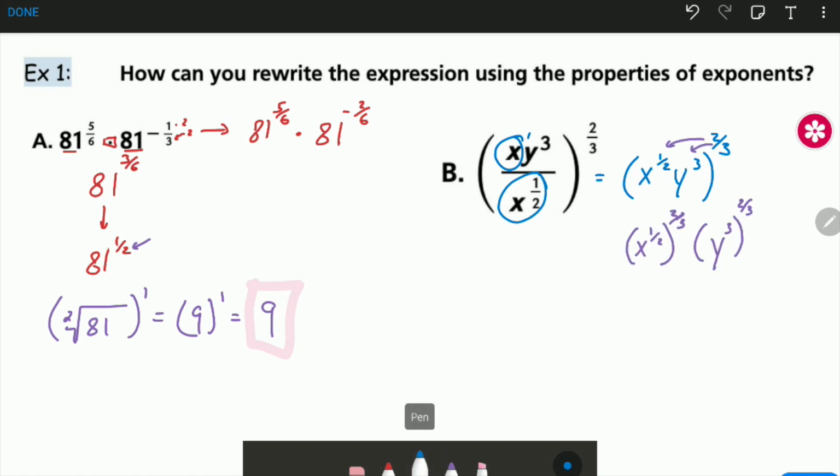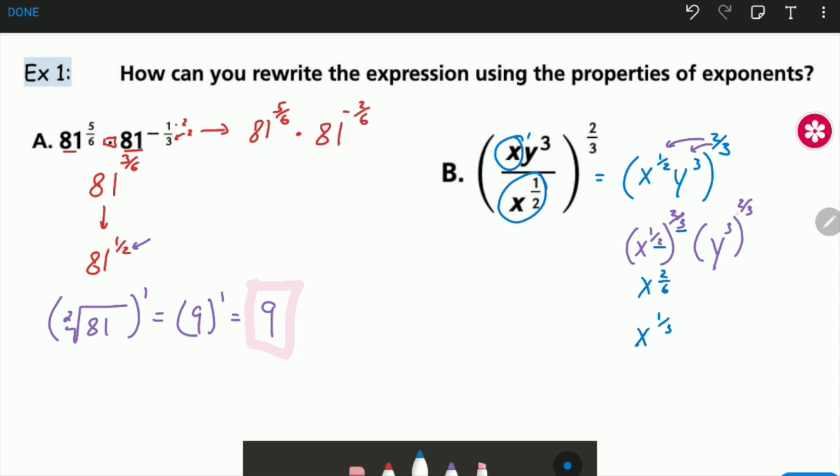And then we have to use the power of a power property, which says that if we have a power raised to a power, we multiply the exponents. So 1/2 times 2/3 would be 2/6, which reduces to x to the 1/3.